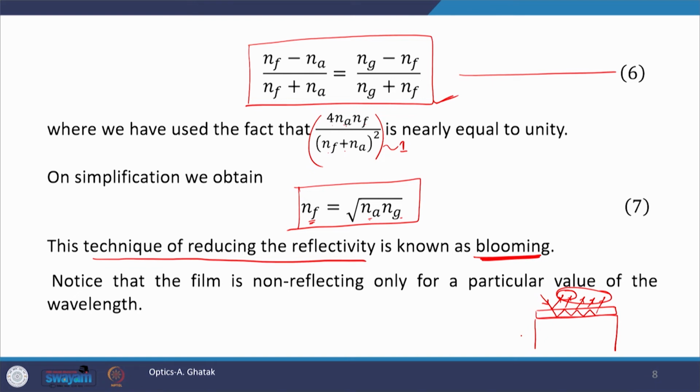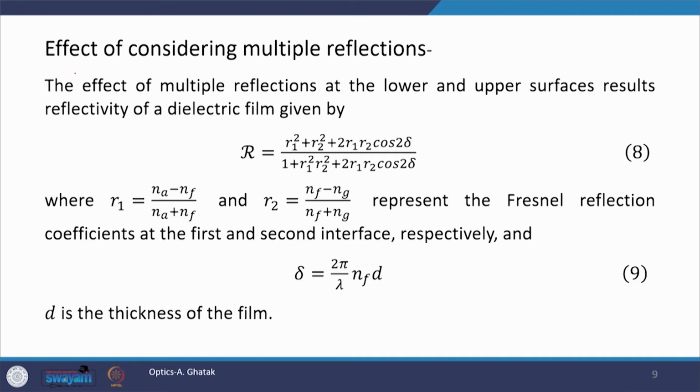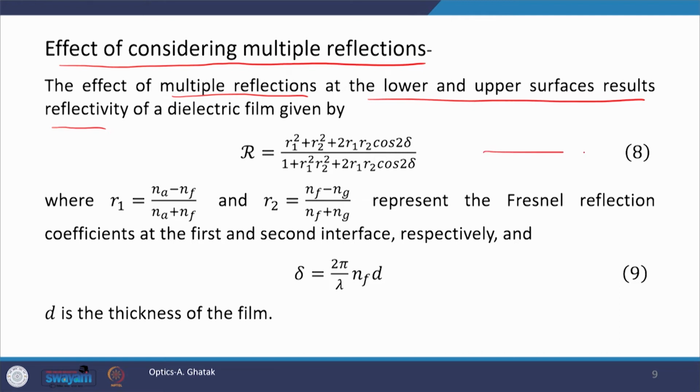To have better parameters for the anti-reflecting coating, we will have to take into account all these reflected rays. In this part we will take into account all the reflections, and the effect of multiple reflection at the lower and upper surfaces results in the reflectivity of a dielectric film, which is given by equation number 8.